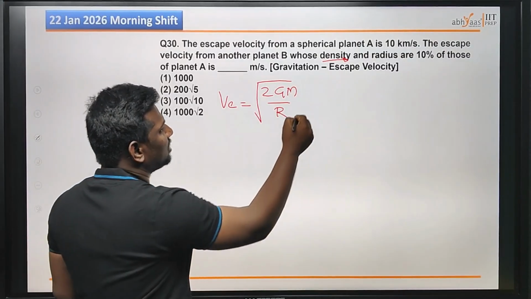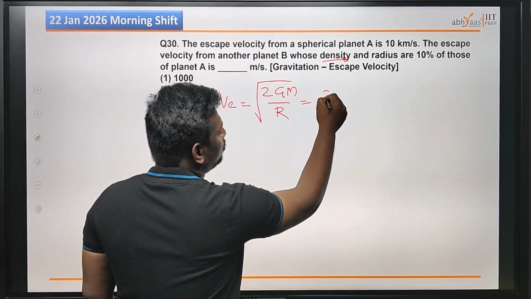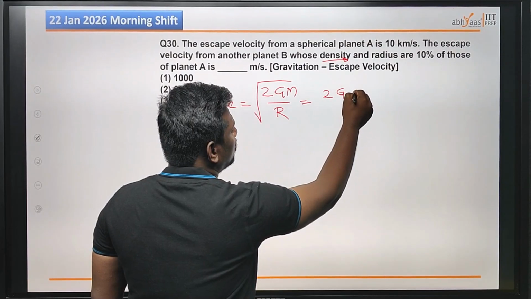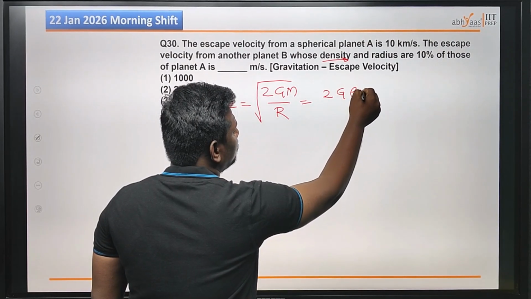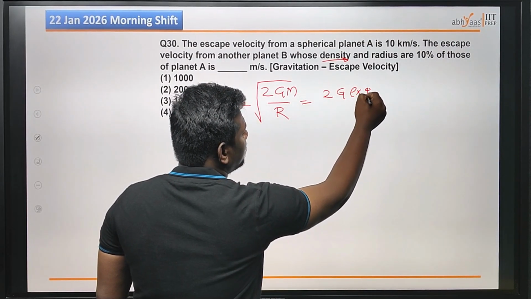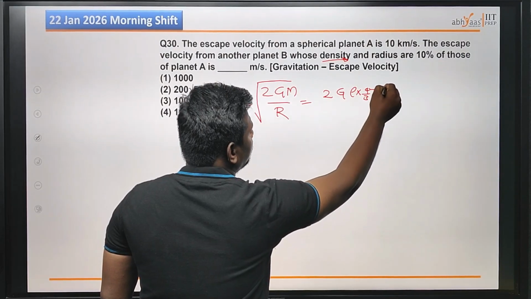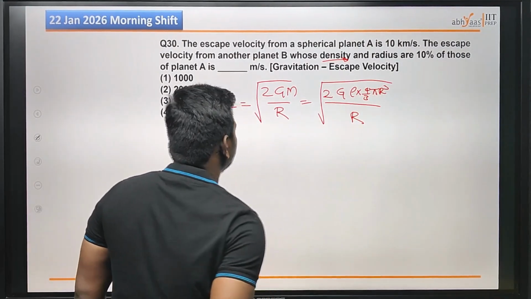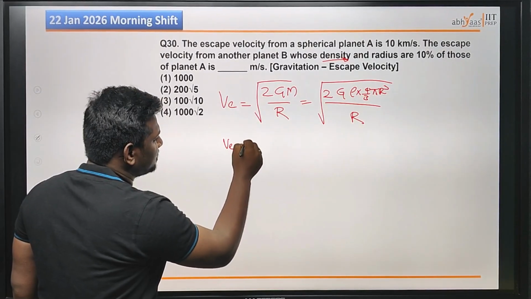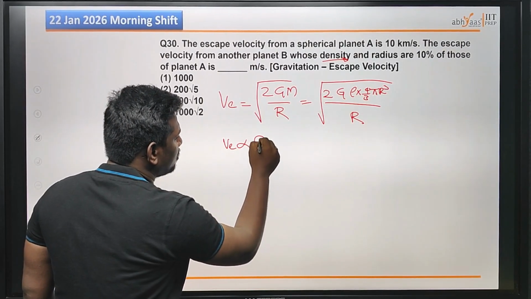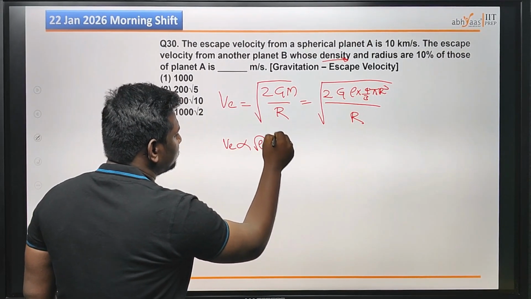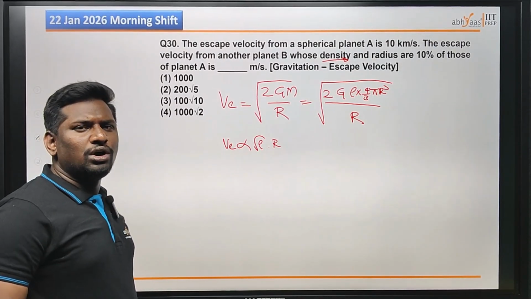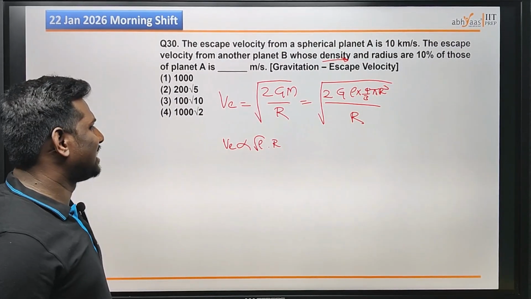So from this you can write 2G, M is nothing but rho into volume, 4 by 3 pi R cube, by R. So escape velocity is directly proportional to under root rho and R.